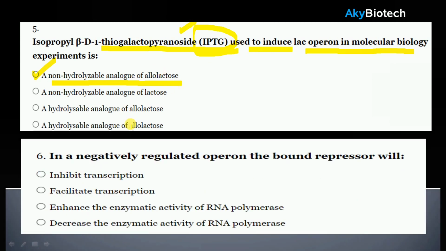6. In a negatively regulated operon, the bound repressor will inhibit transcription.